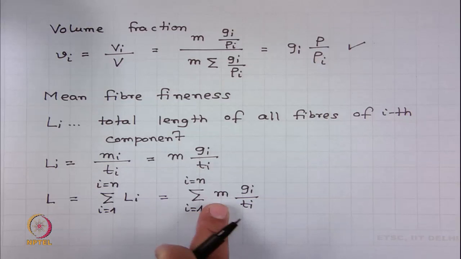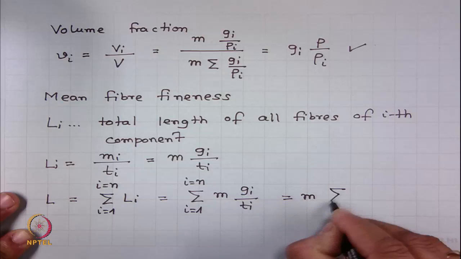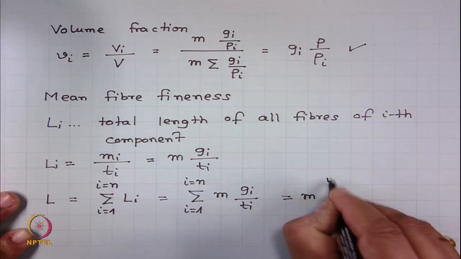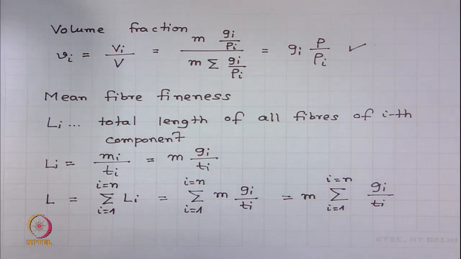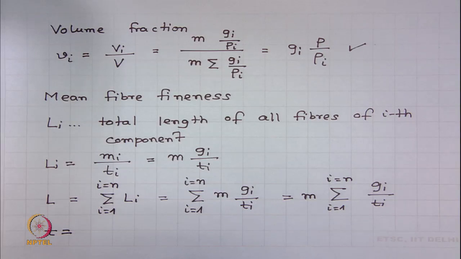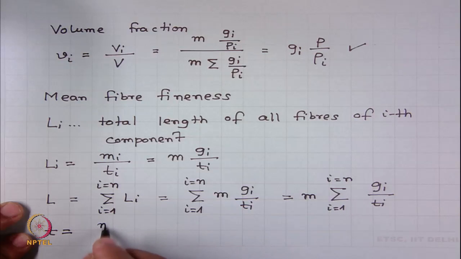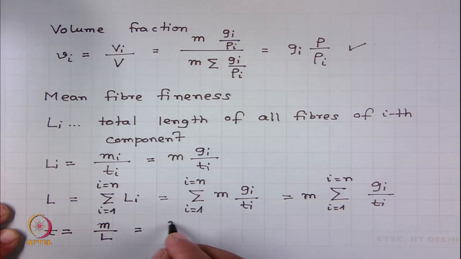This m is a constant. So, we write gi by Ti. Now, what is the mean fiber fineness? T. What is fineness? Mass per unit length. What is the total mass? M. What is the total length? L. So, T is equal to m by L. What is your L?